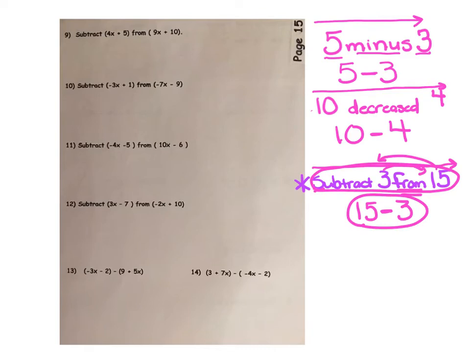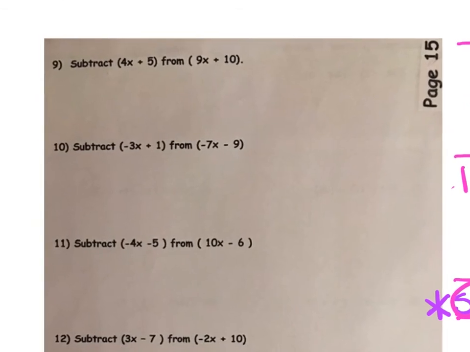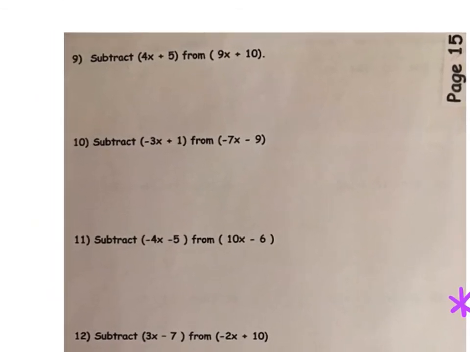That's important because, of course, when we do any subtraction, order is important. But it's important because we're going to apply the from flip to some of these problems that we've been given. Let's take a look at problem number 9. In problem number 9, it states, subtract 4x plus 5 from 9x plus 10.